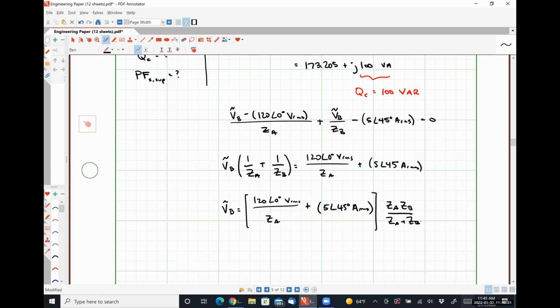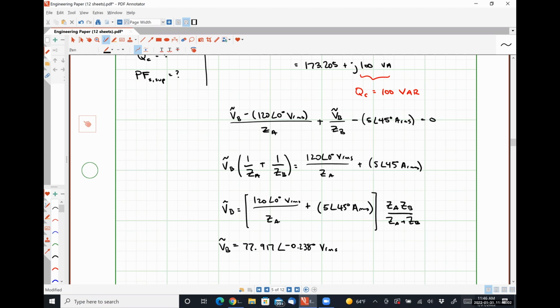I get 77.917 angle negative 0.238 degrees volts RMS. Got a thumbs up from Ian, so I'm going to assume either this is correct or we both made the same mistake. Either way, we'll move along from here.